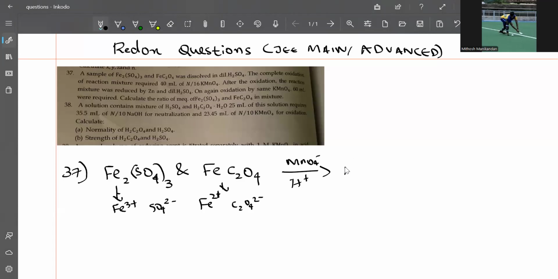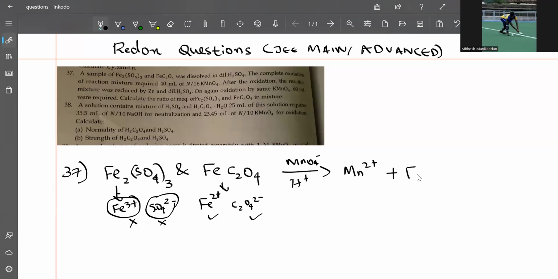So what will happen is MnO4- will become Mn2+, right? Then Fe3+ won't undergo oxidation. Sulfate will also not undergo oxidation because both Fe and sulfur are in their highest oxidation state. But Fe2+ will undergo oxidation and C2O4 2- will undergo oxidation.